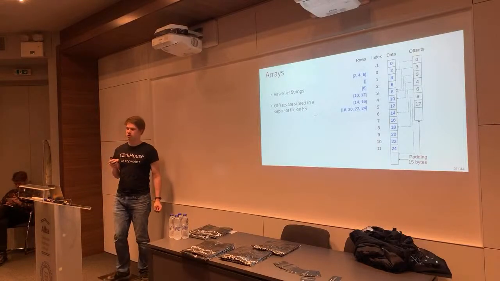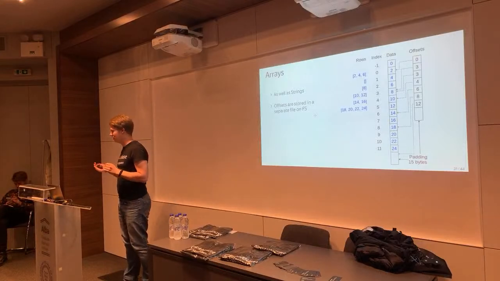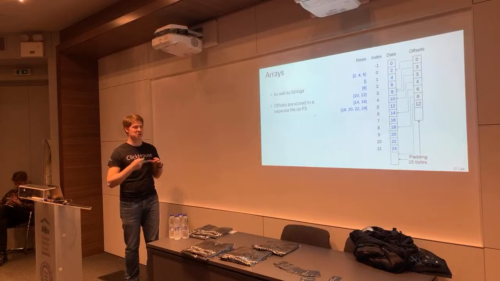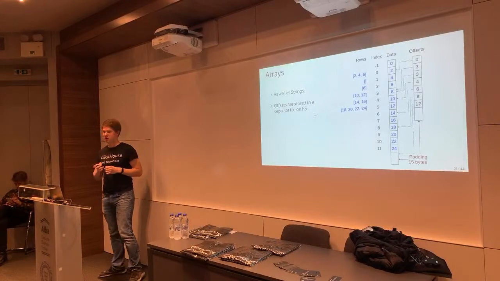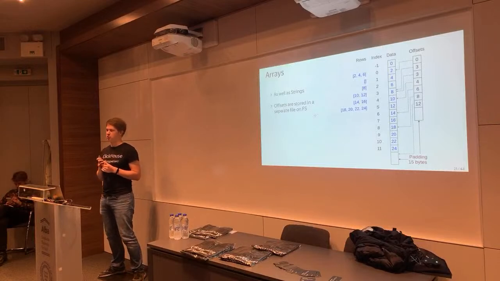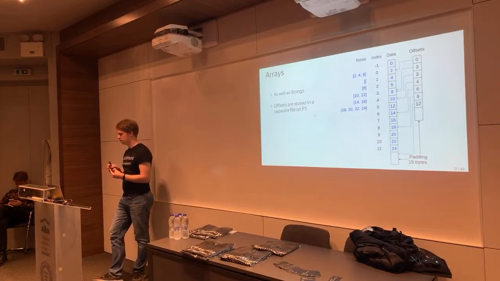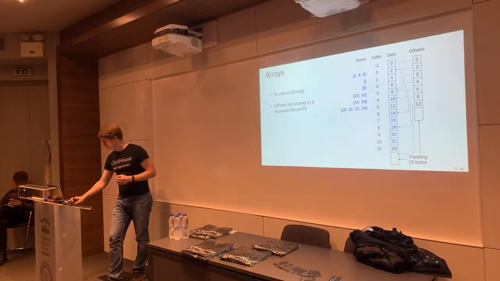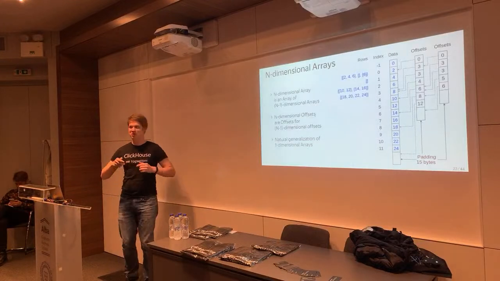Arrays are stored in a similar way. If a string is an array of chars, then an array is an array of something, like integers. So the idea is the same, but there is a difference when we store an array on disk. Strings are stored in a single file, but arrays in 2 different ones. And I have a more difficult slide with multidimensional arrays.